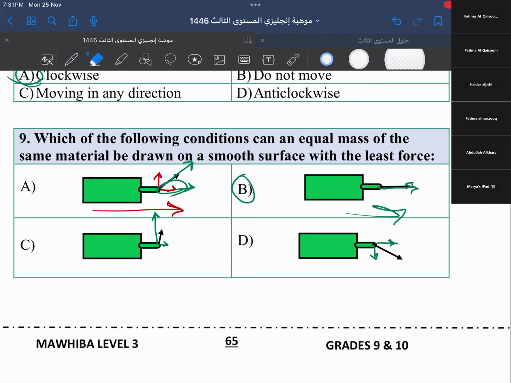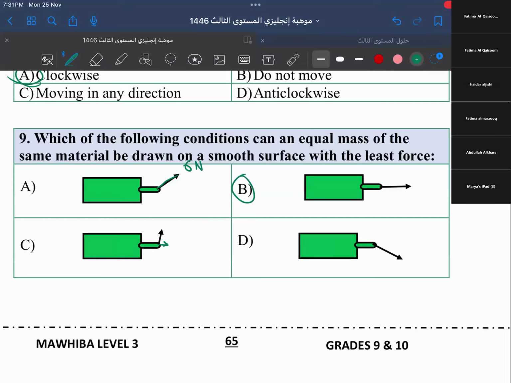Let's put it by numbers. I'm applying a force of 6 Newton, for example, for all of them. This is 6 Newton, this is 6 Newton. Newton is the unit for force. So here, 6 Newton is going to the right.